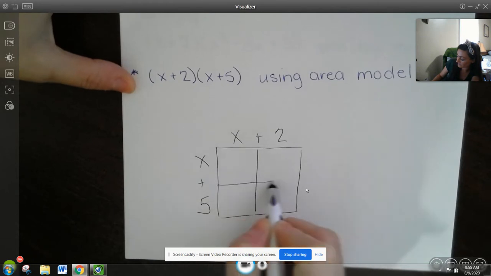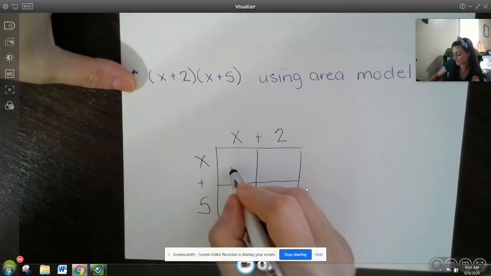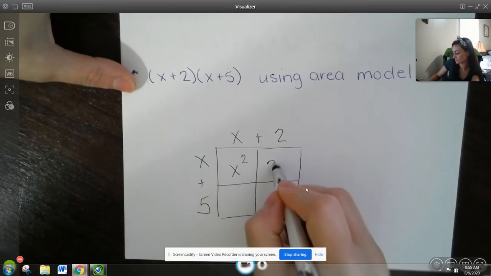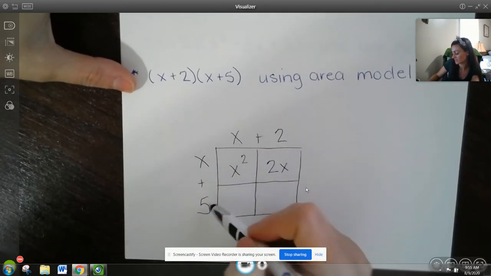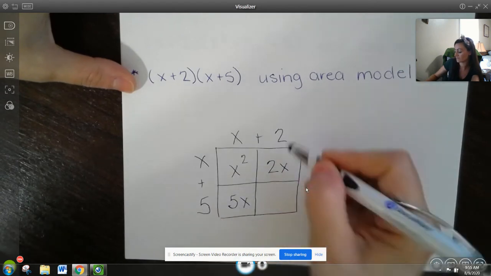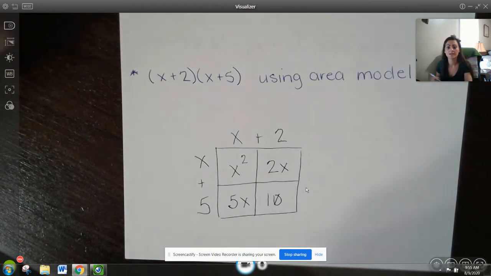So I'm going to separate these down into smaller boxes. So I have x times x, which gives me x squared, x times 2, which gives me 2x, x times 5, which gives me 5x, and then 5 times 2 gives me 10.